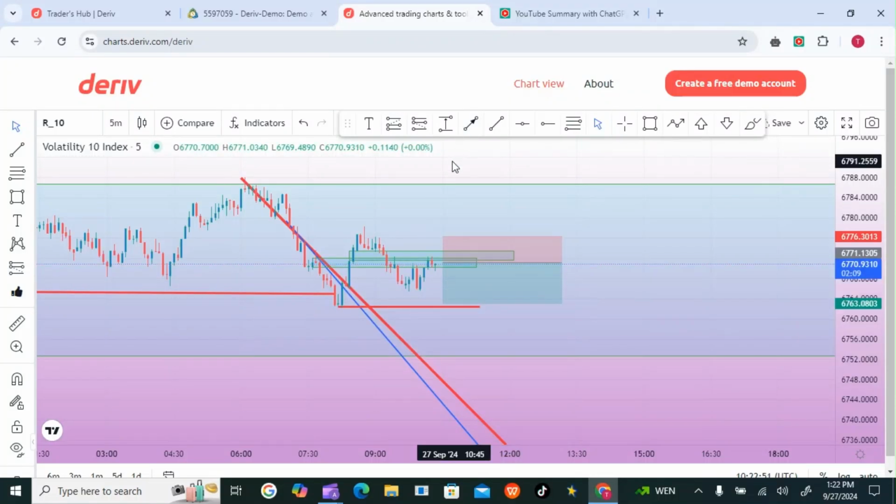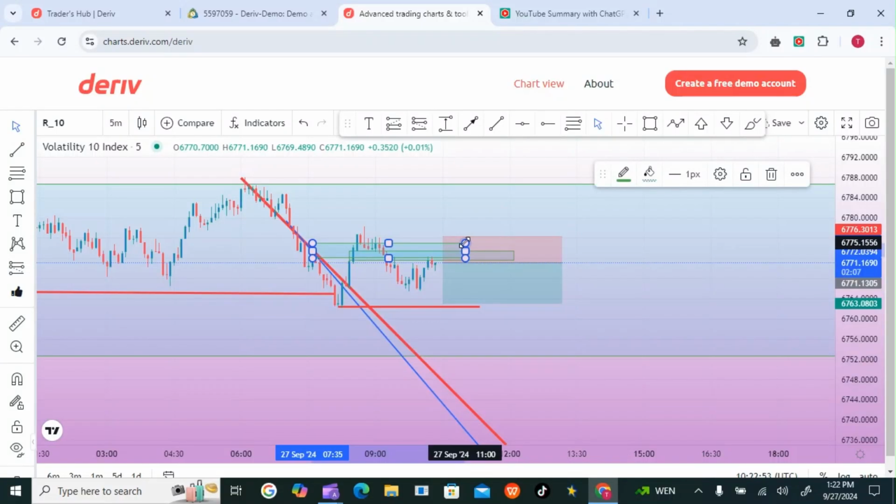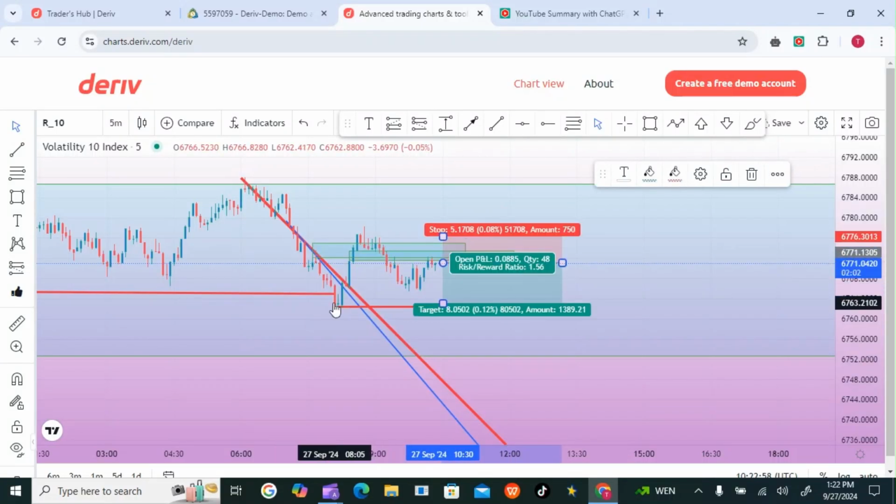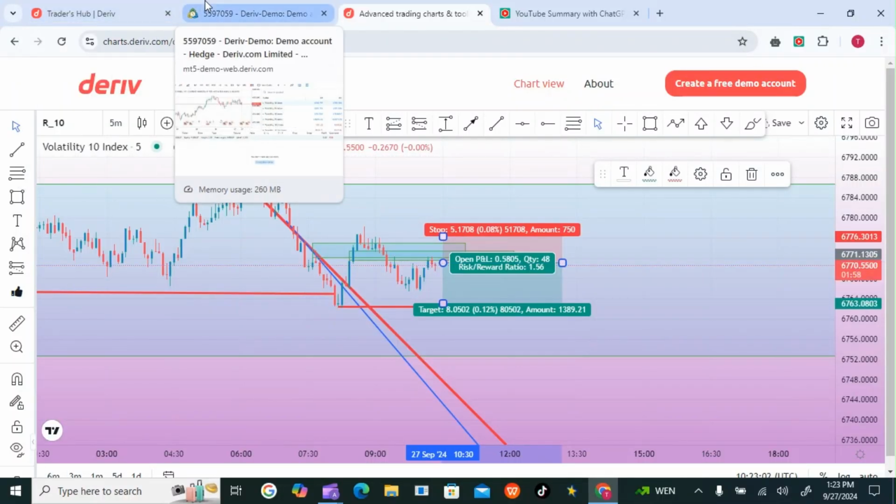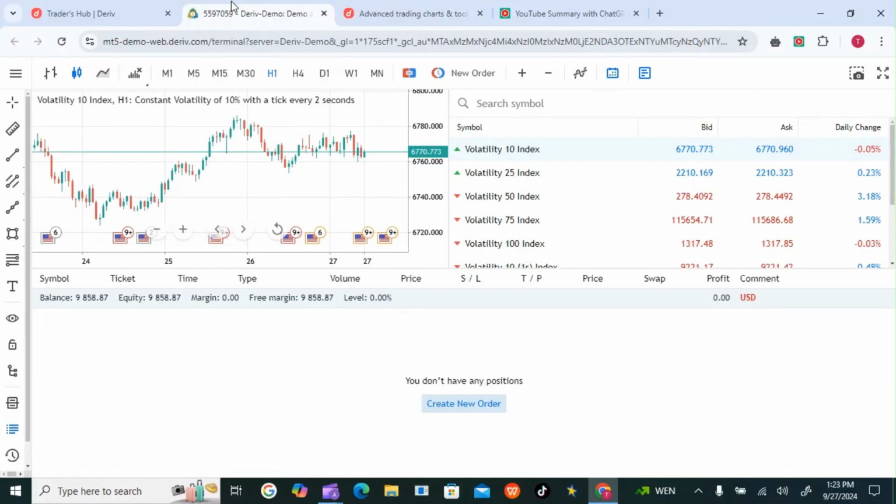However, if you are a real trader, you cannot trade this market because it has so many consolidations. So with that, I'll come into my trader hub and take a very short trade to the downside.